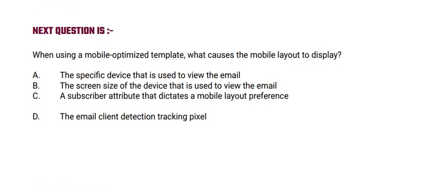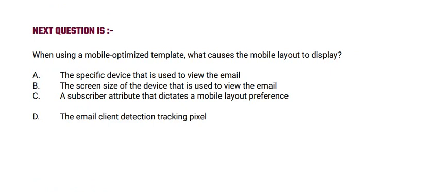Next question is, when using a mobile optimized template, what causes the mobile layout to display? Options are option A, the specific device that is used to view the email. Option B, the screen size of the device that is used to view the email.